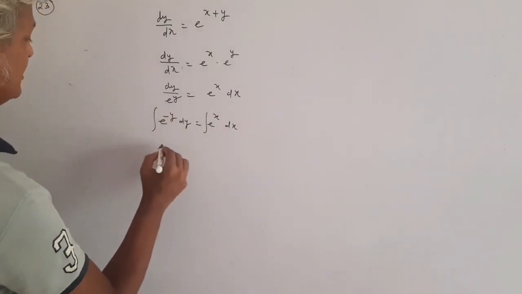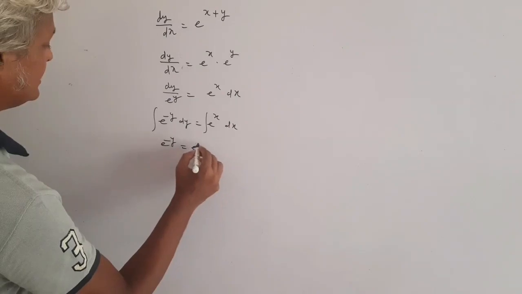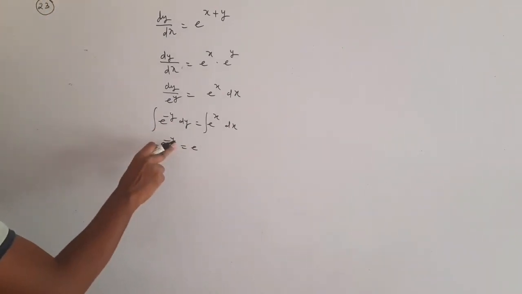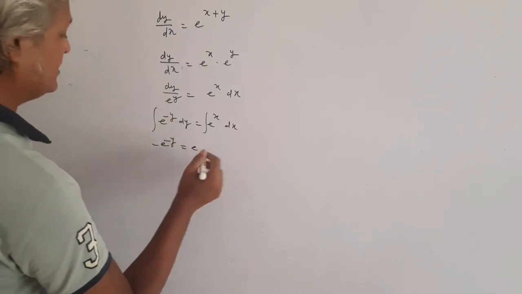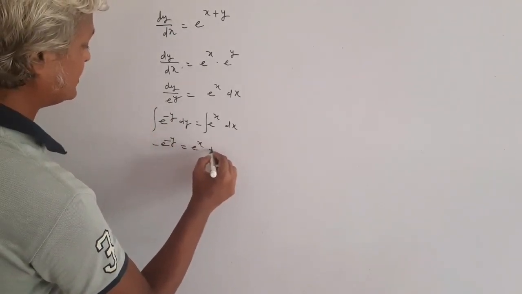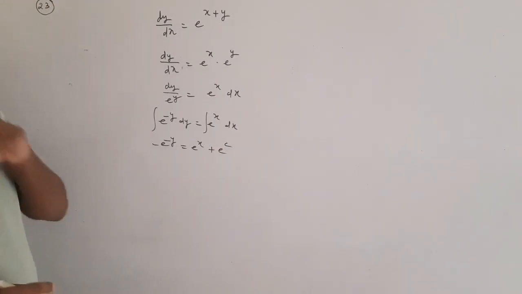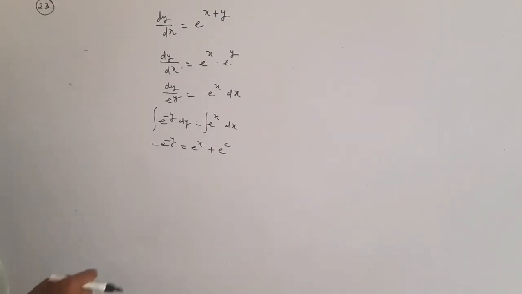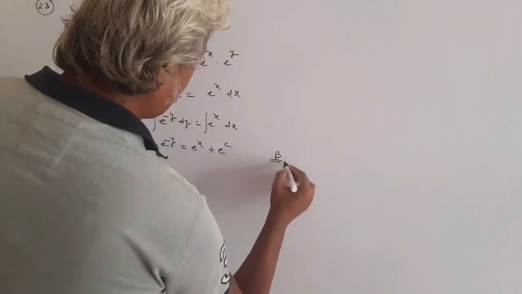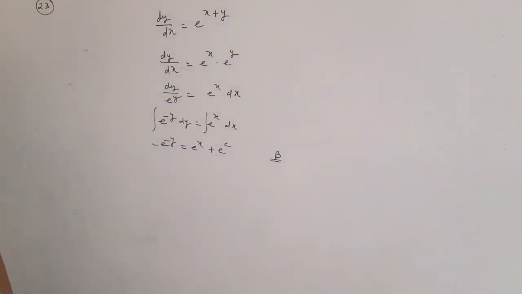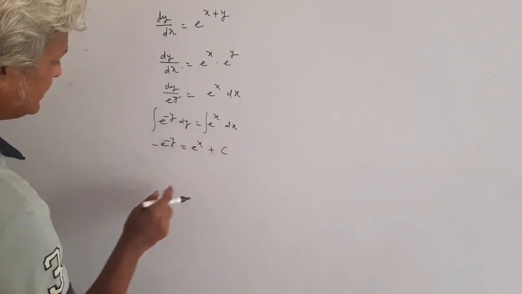Take integration on both sides, you get e to the power minus y over minus 1 equals e to the power x plus c. So we have to check which one of the following options is matching, then you find your answer is perhaps B. So c, there is no problem with this.